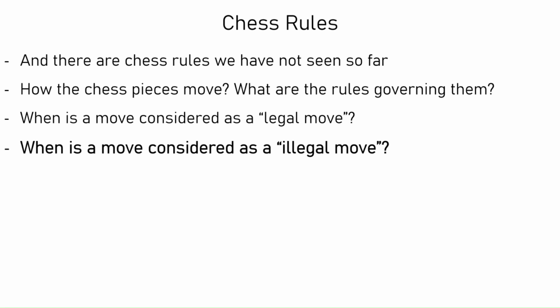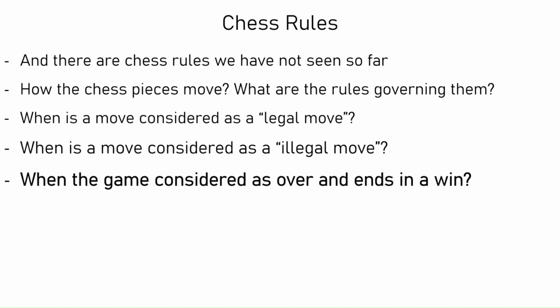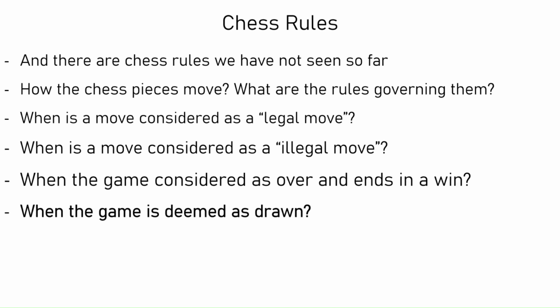What is an illegal move is identified only through knowing the rules. The chess rules clearly mentions the situation of when a side has won a game. Chess rules also lists the possible scenarios in which the game is considered as a draw. A draw is a result where there is no winner or loser after a game.